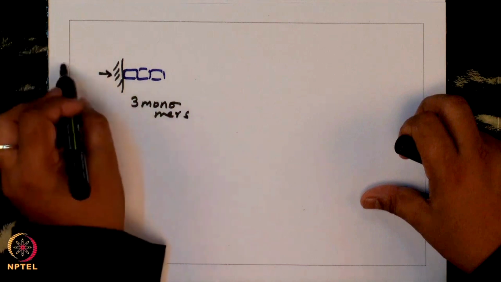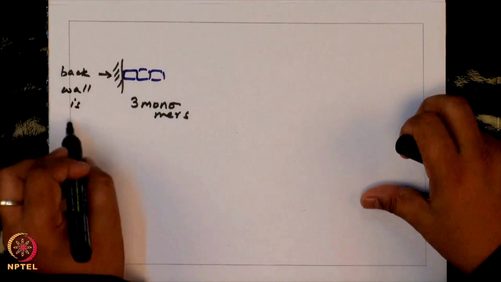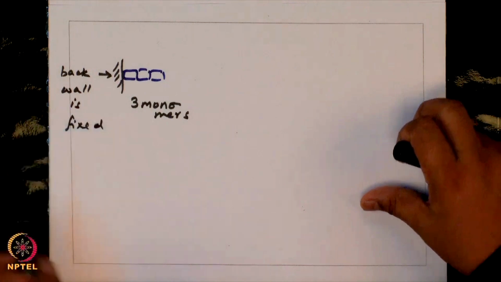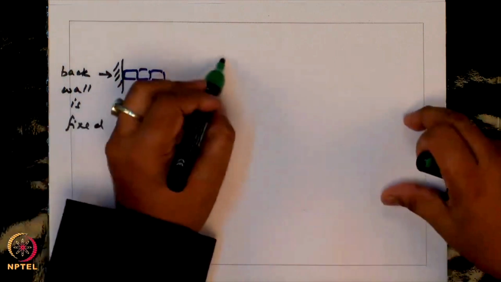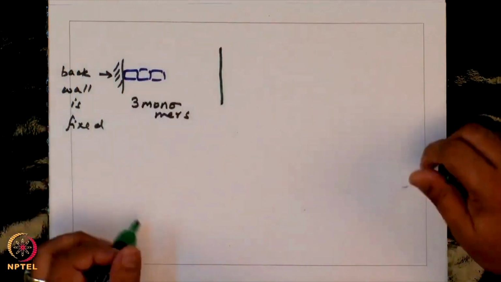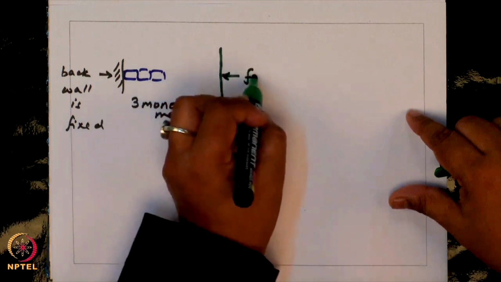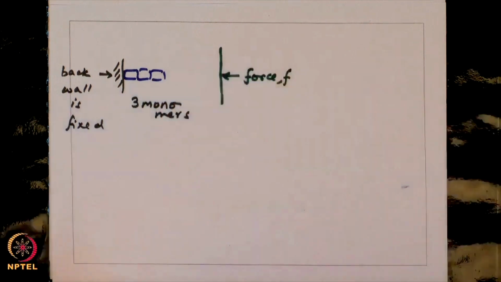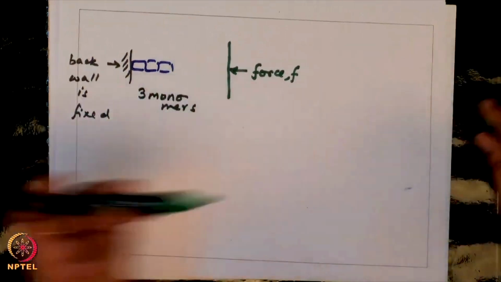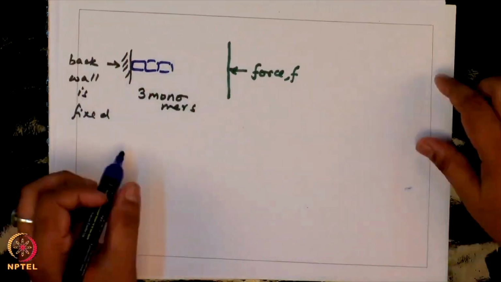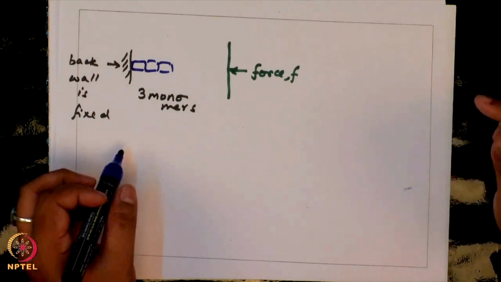This back wall is fixed, and this filament polymerizes against a wall, on which you exert a force F, and you want to see what the network dynamics of this growth is for different values of branching rate, and so on and so forth.